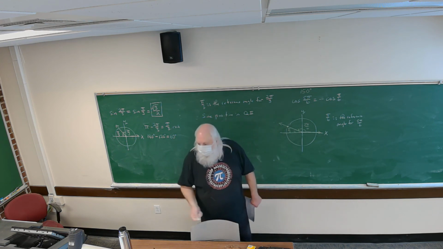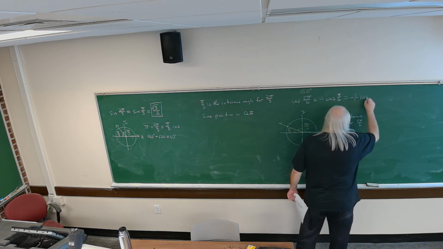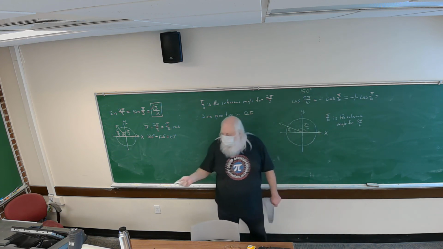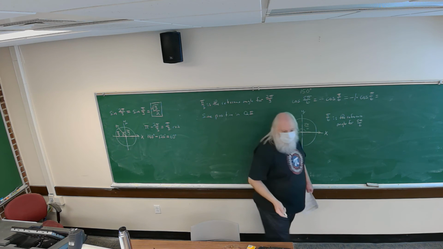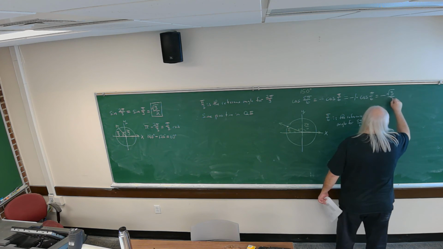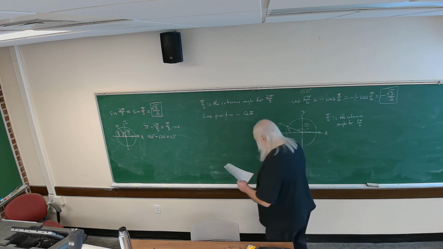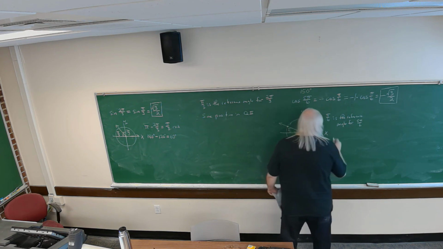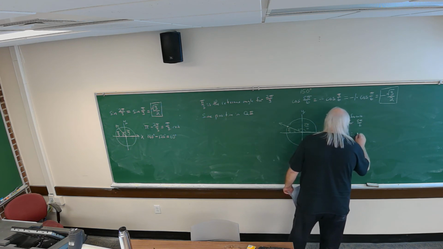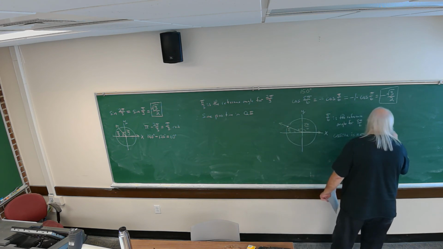Remember, the negative of cosine pi over 6 is minus 1 times cosine pi over 6. Do we know what cosine pi over 6 is equal to from the previous page? Square root of 3 over 2, right? So it's minus square root of 3 over 2. So cosine is negative in quadrant 2.